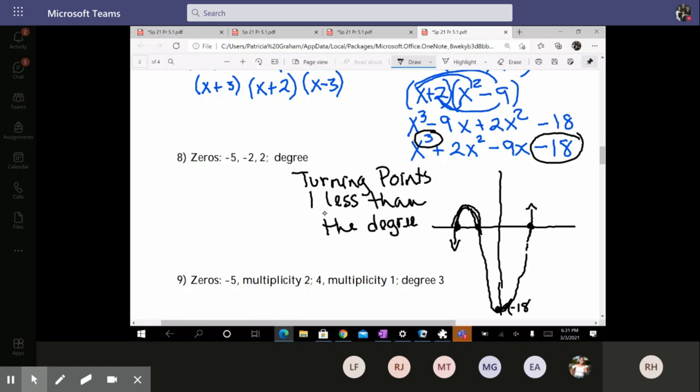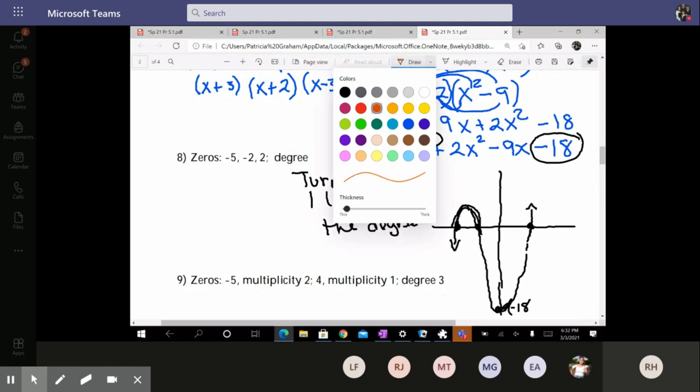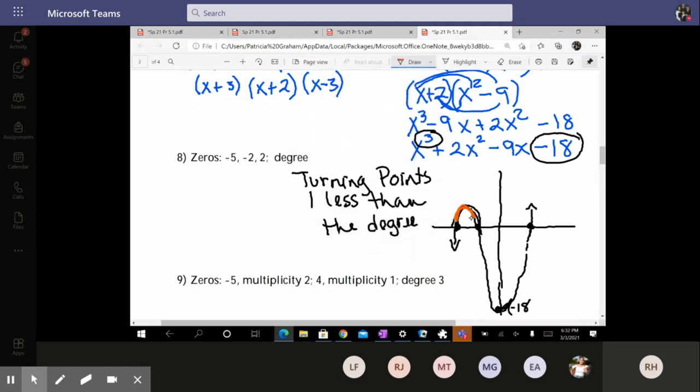Okay, 2 turning points because the degree is 3, and it's 1 less than the degree. 1, 2. Okay.